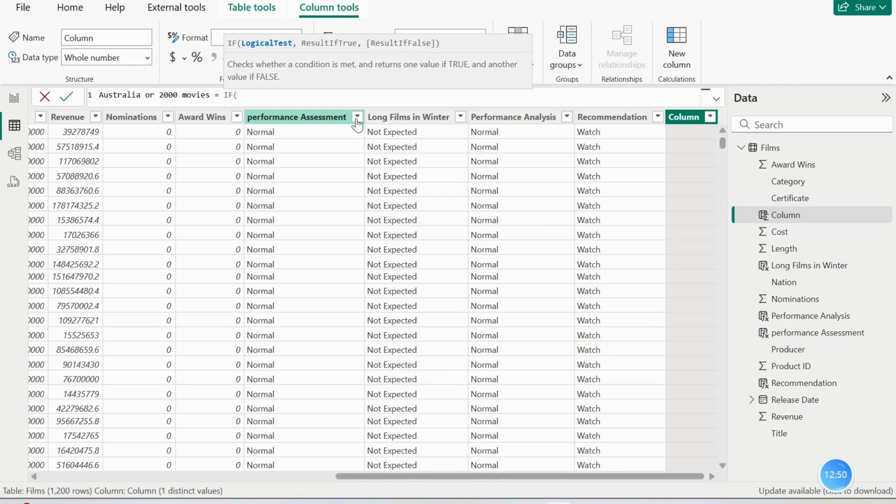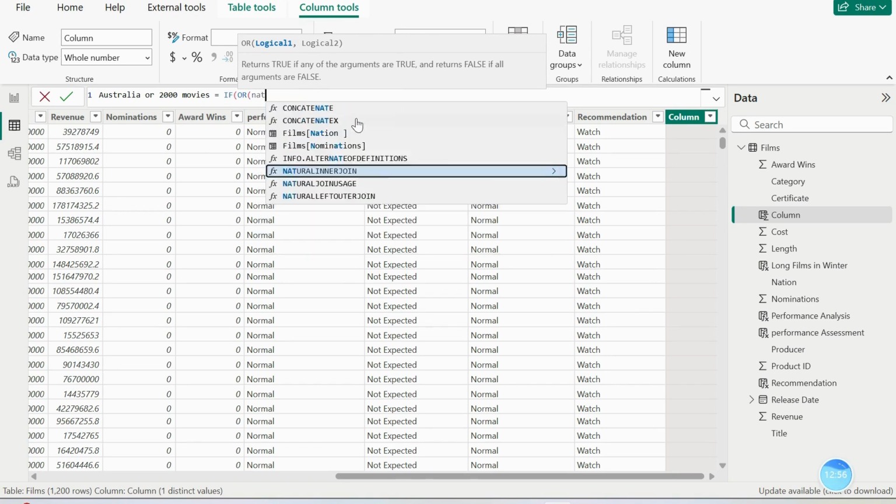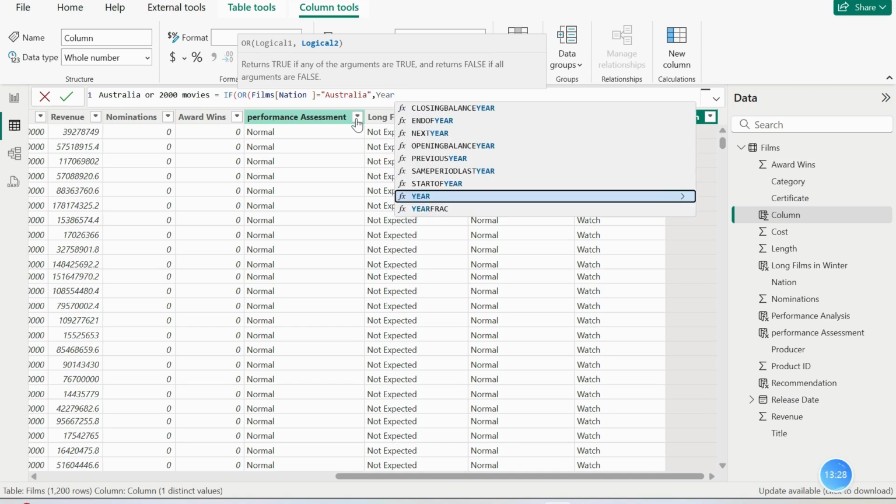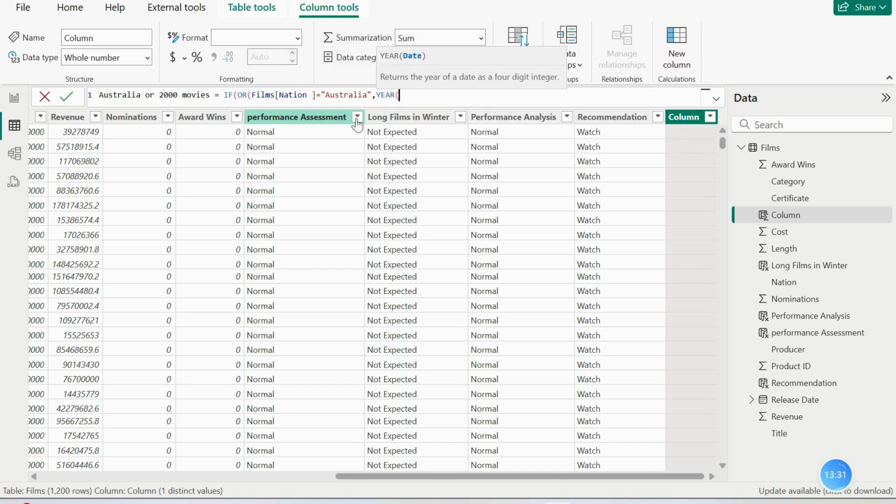If the movie's nation equals Australia, or the release date is in 2000, the specific year. Because the release date is date data, we have to convert it from the date to the year.